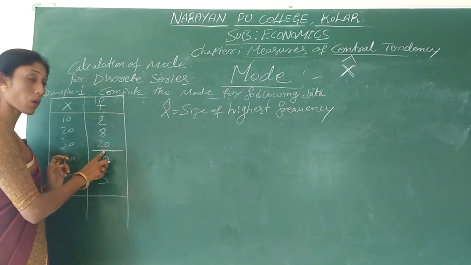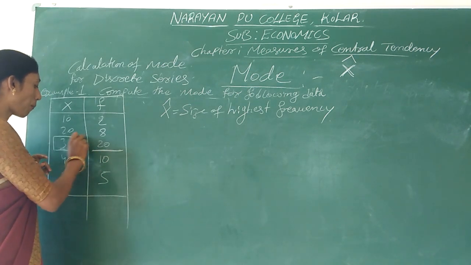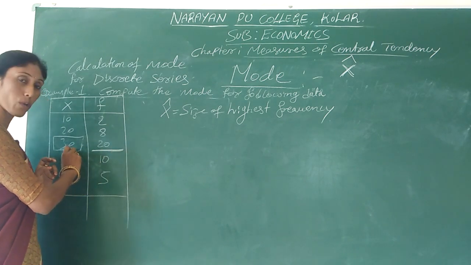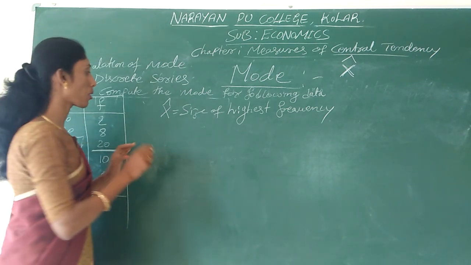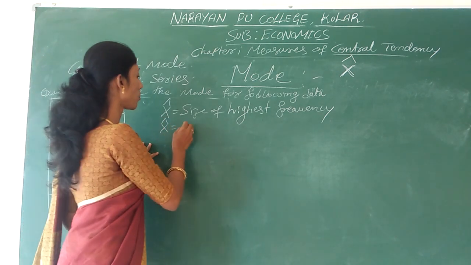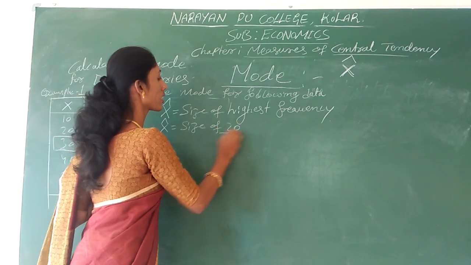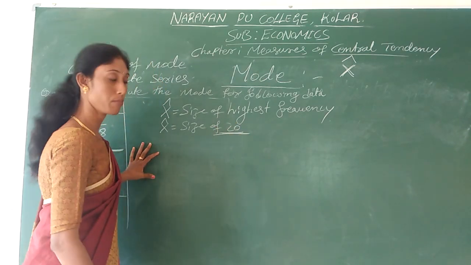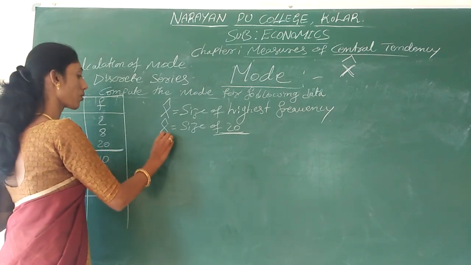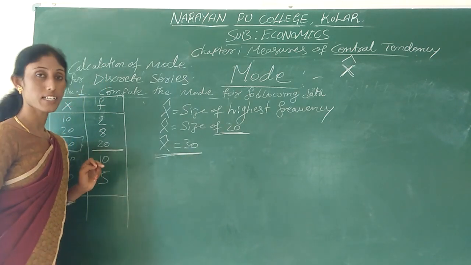Then the highest frequency's corresponding value will be considered as the mode. Keeping in mind, x, mode is equal to size of 20. The corresponding value of 20 is 30. Then mode is 30. Got it?